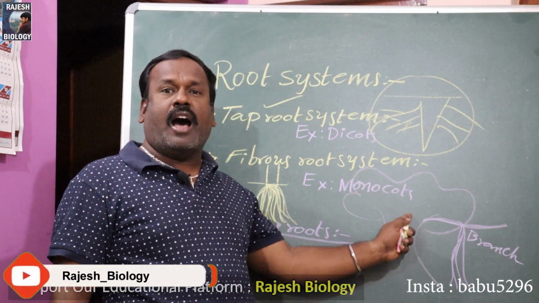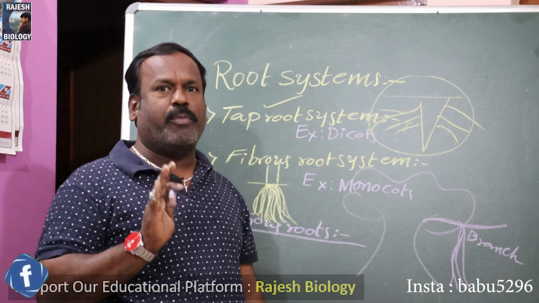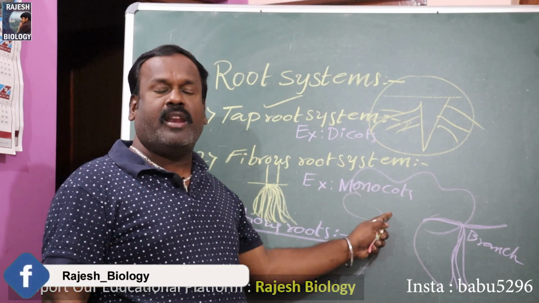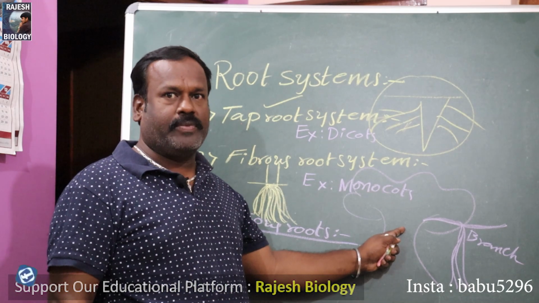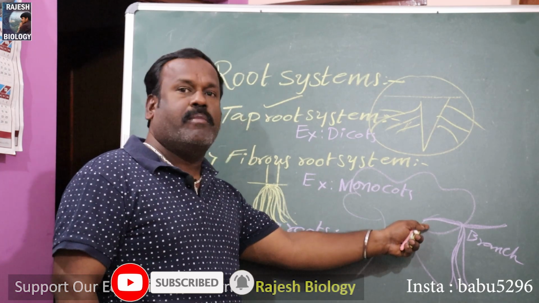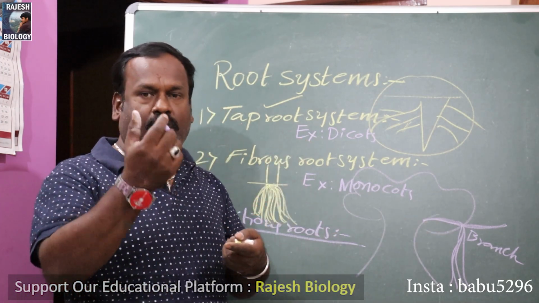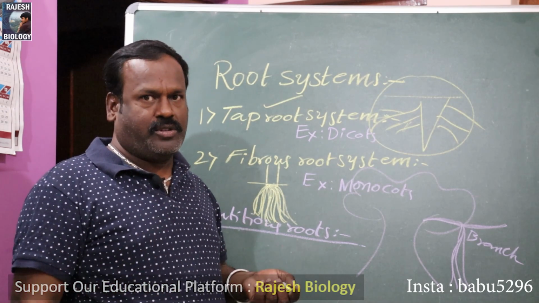Adventitious roots means other than the radicle. It is very important from a competitive point of view. Here you should remember: other than the radicle, any part of the plant body. In the banyan tree, the branch produces roots. In sugarcane, the lower node produces roots.